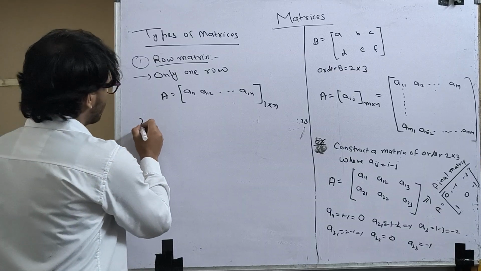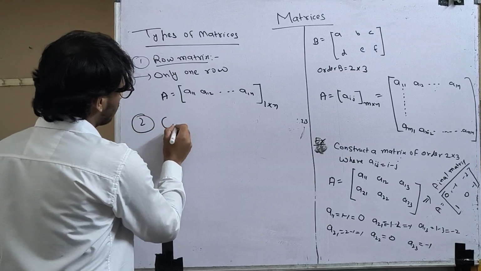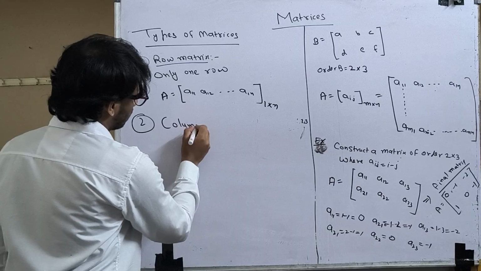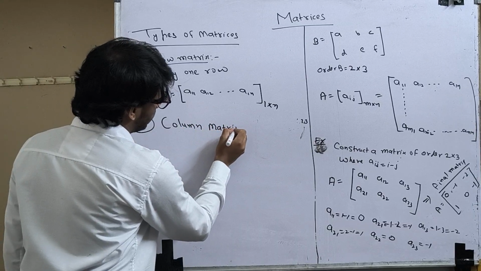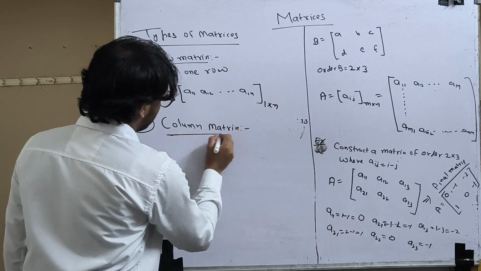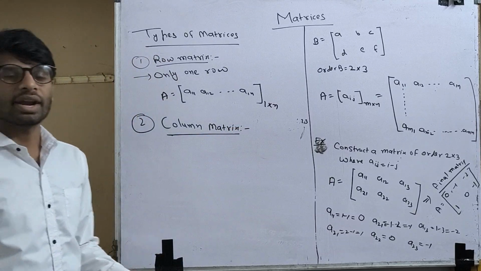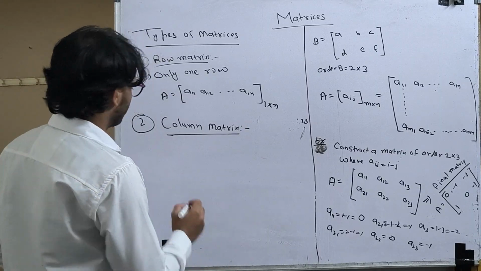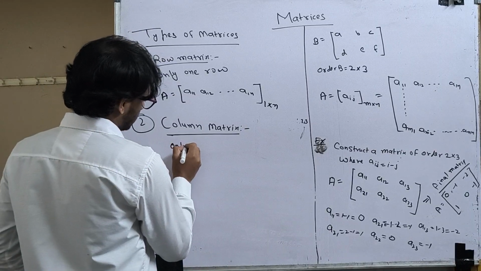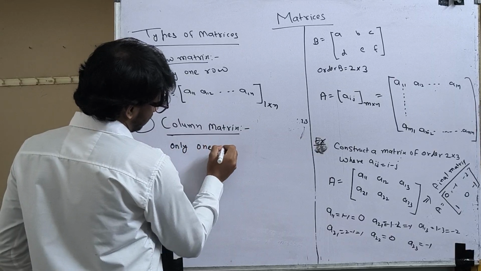Now the second one is the column matrix. A matrix having only one column is called a column matrix.